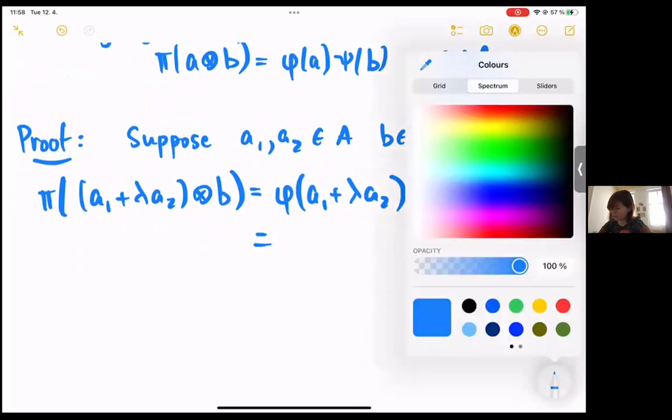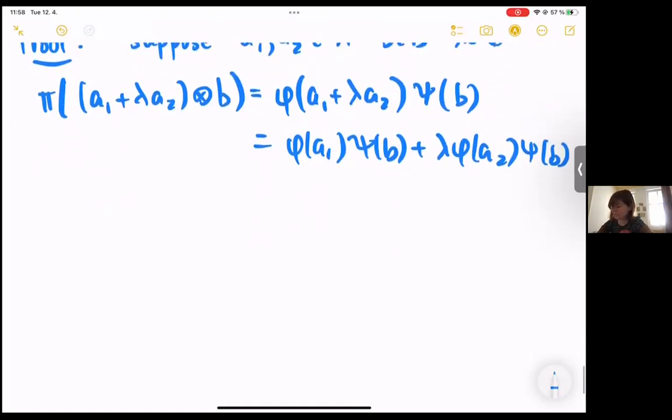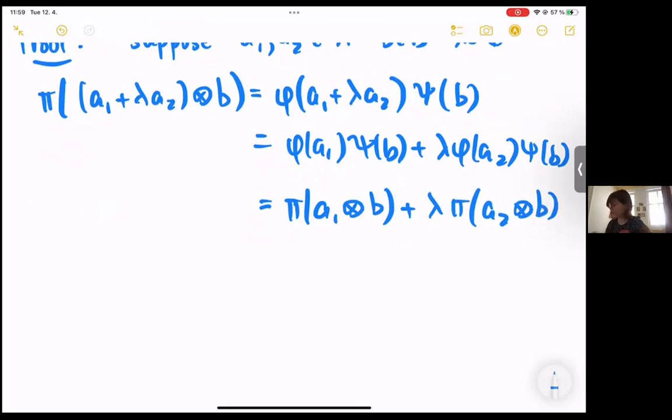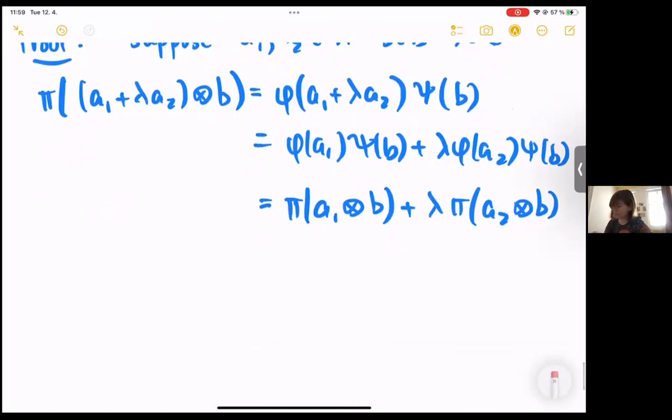Okay, so this is a star homomorphism. So we get that this is phi(A1) psi(B). And that is, of course, just pi of A1 tensor B plus lambda pi of A2 tensor B. And similarly, if we do the same thing with respect to B, so we see that pi is well defined.